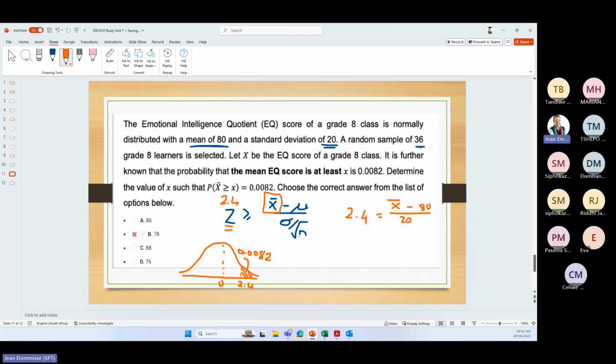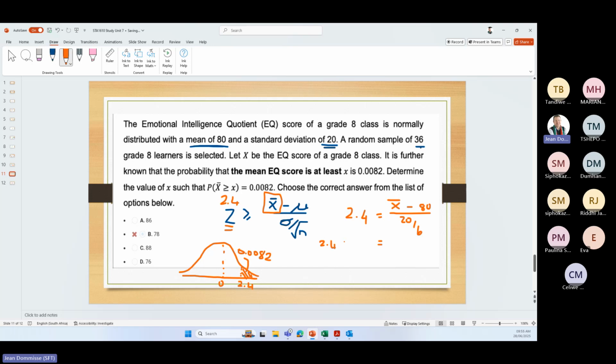So the square root of 36 is 6. So 20 divided by 6, let's just make sure that is all correct, is 3.333 continuous. So to get rid of that on both sides, we will need to multiply by 3.333.